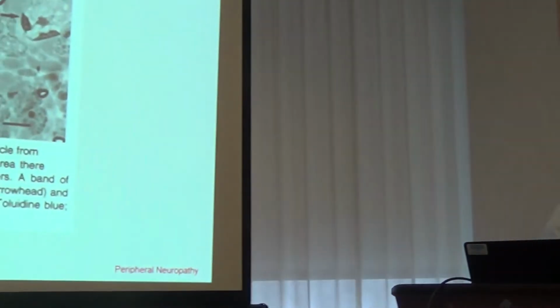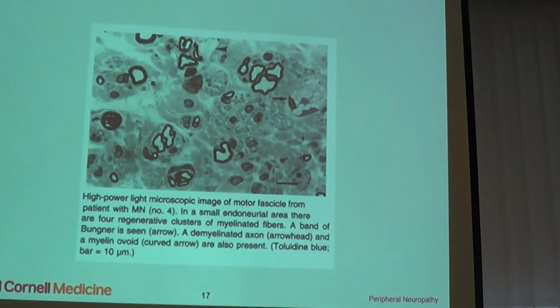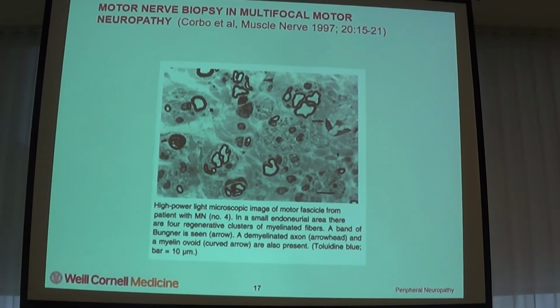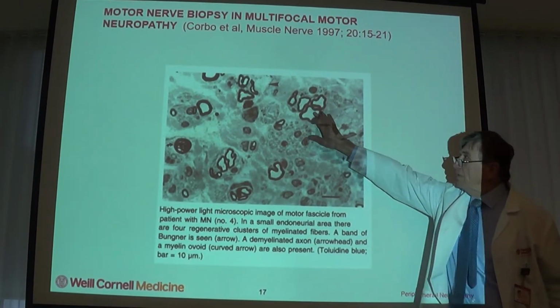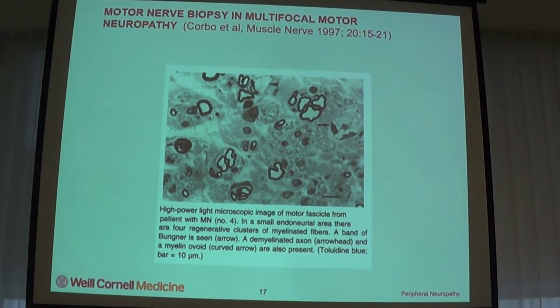So for example, this is a cross-section of a motor nerve biopsy, and you can see these clusters. These are called regenerative clusters, and they're evidence of regrowth of axons after neuropathy or axonal damage. In ALS or motor neuron disease, the nerves don't regenerate, so you don't see that.